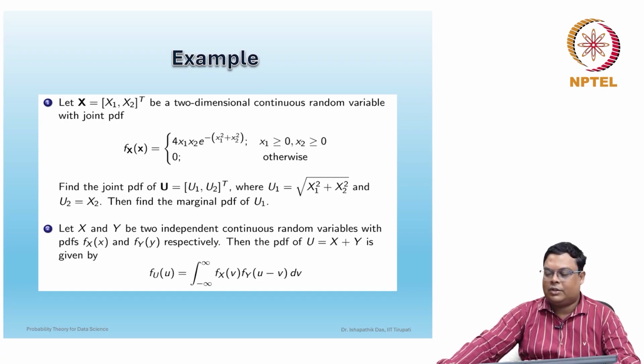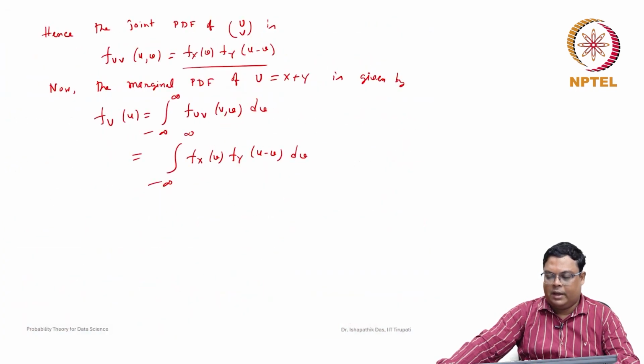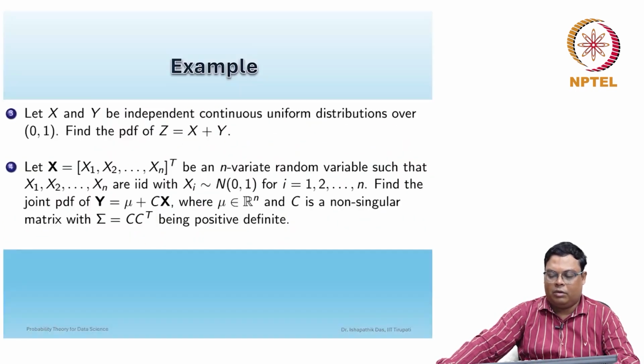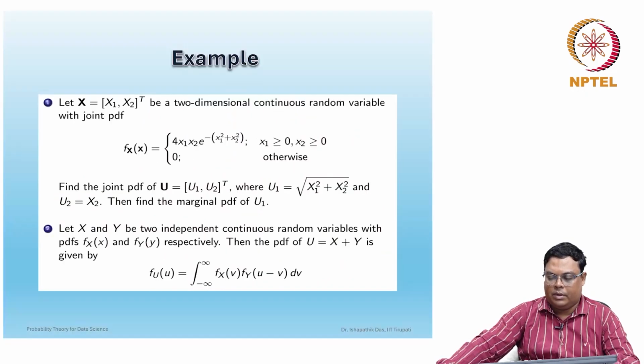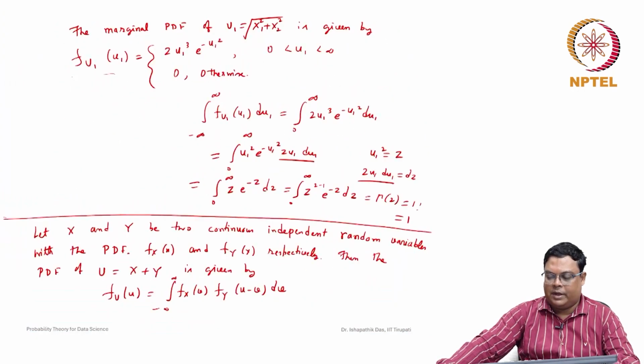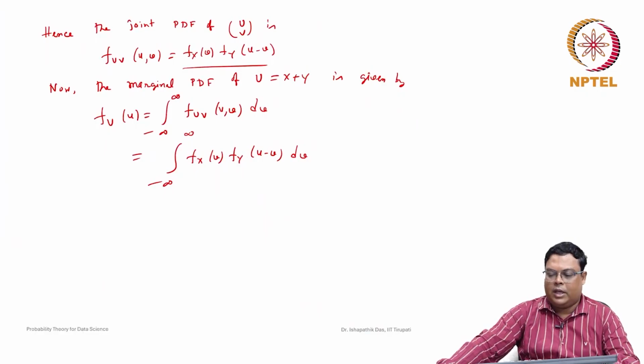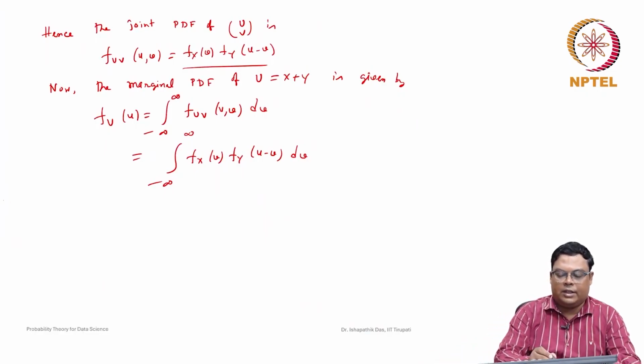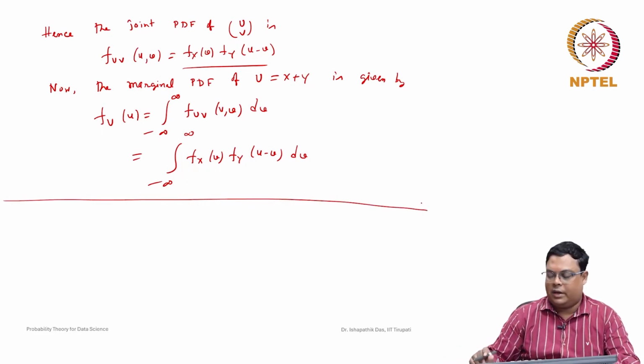Then the probability density function of U equal to X plus Y is given by fU of u is equal to the integral from minus infinity to plus infinity of fx of v times fy of u minus v dv. So this is the theorem. I hope you have understood it.